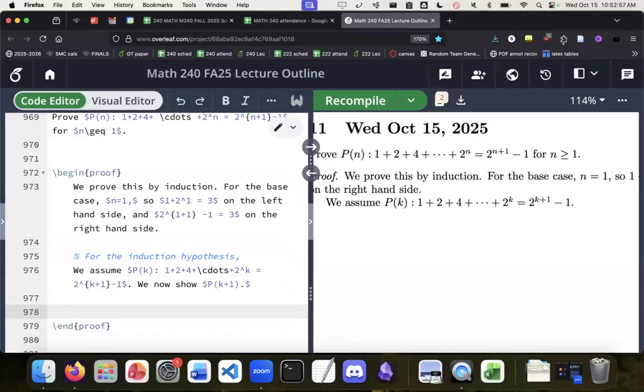And that's not correct because we have to start with P of K and then work our way to P of K plus 1, right? We can't assume what we're trying to prove. We can state, here's P to the K plus 1. That's what we're going for. But we can't start there.